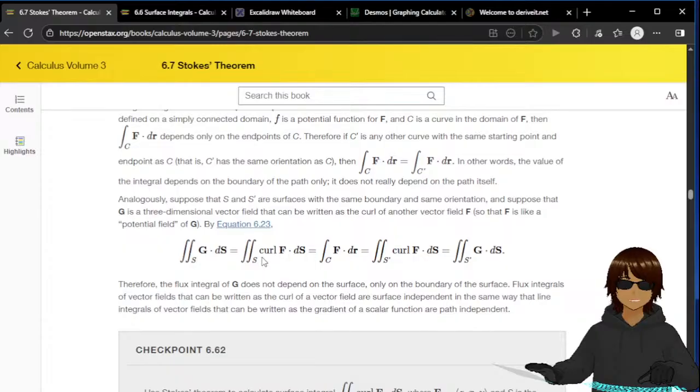So G can be written as a curl of F. It can be written as this, which can be written back as G. Or if G can be represented as a curl of another vector field, then we can just use this, right?